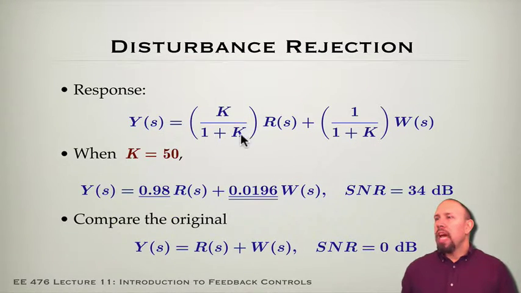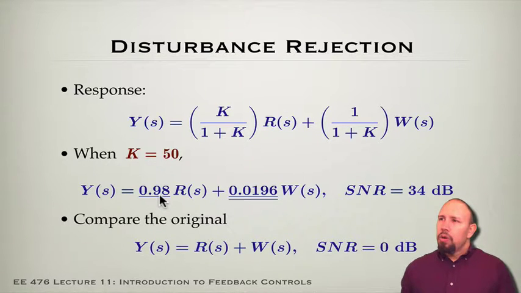And so when I close the loop, this is what I get: K over 1 plus K times R, our reference signal, plus 1 over 1 plus K times W. When K is equal to 50, this equation becomes 0.98 times R, 0.196 times W. So what is this actually telling us?